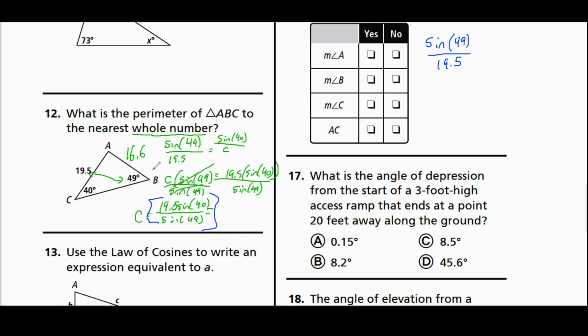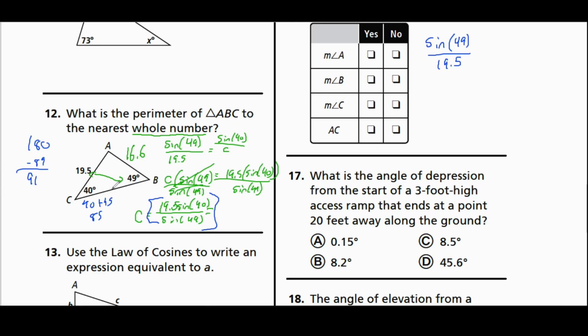So what I want to do here to solve for angle A is just do 180, because we know the inside of a triangle adds up to 180, minus 89. And that's just because it's 40 plus 49 gives me 89. And there I'm going to be left with 91. The way I did that was if I just plus 1 here, 180 minus 90 is 90, and then I add that 1 back, and I'm left with 91.